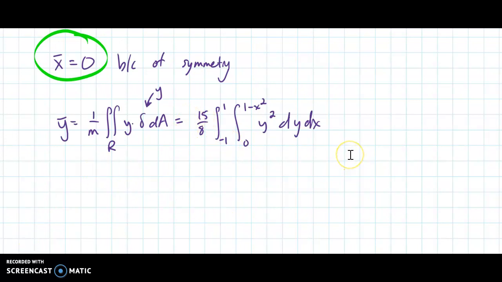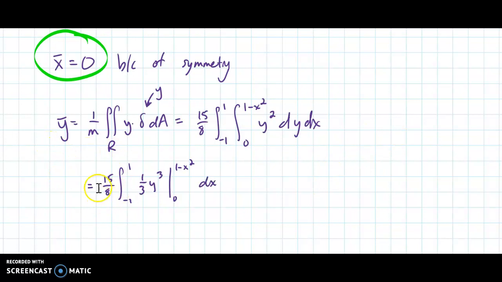So first thing we need to do is integrate with respect to y. So we get 15 over 8 integral -1 to 1. When I integrate that, I get 1/3 y cubed, evaluated from 0 to 1 minus x squared, and then I'm left with my dx.